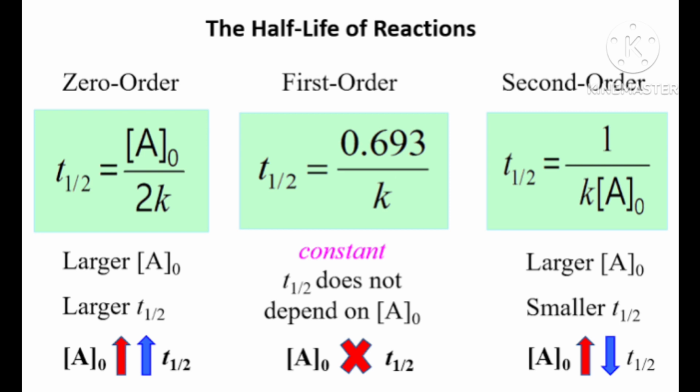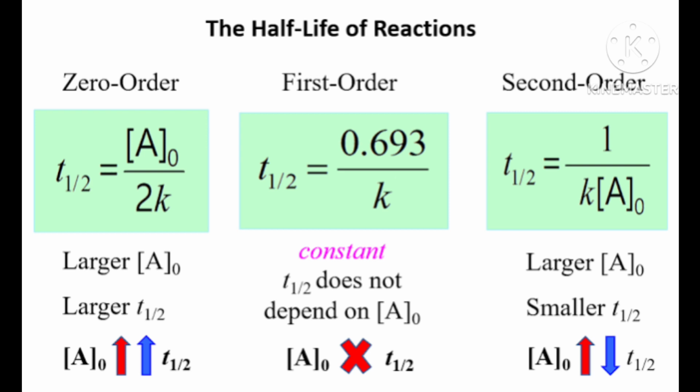For a zero order reaction, T half is directly proportional to initial concentration R0. You got the expression T half is equal to R0 divided by 2K. Remember, because this question is asked every time.